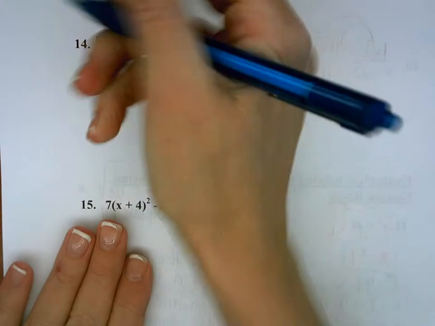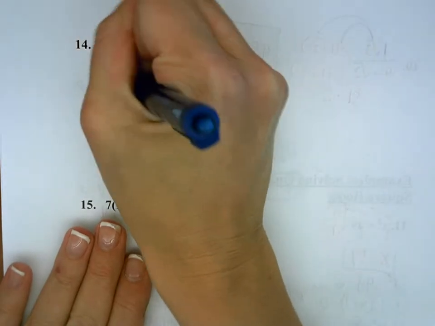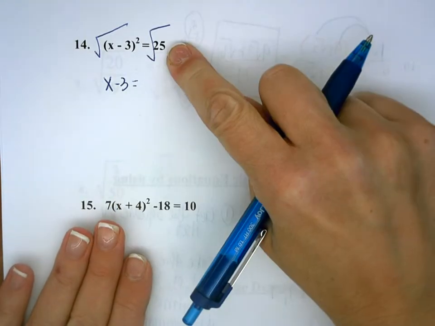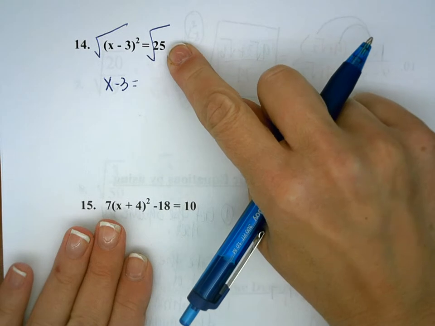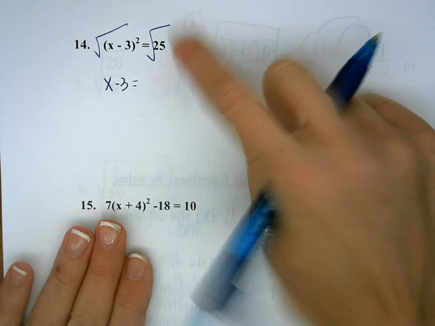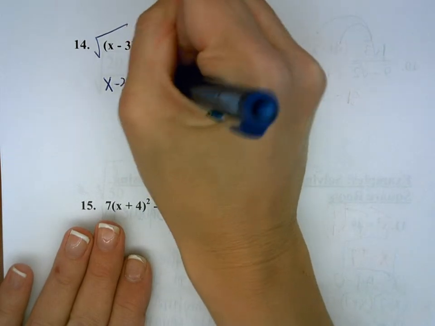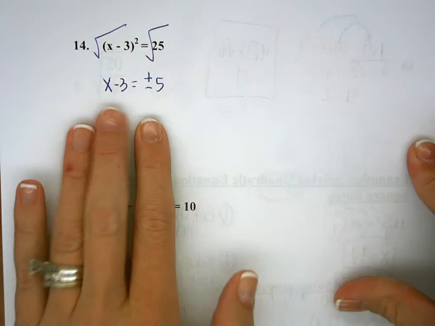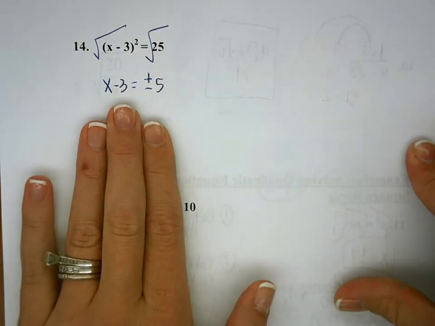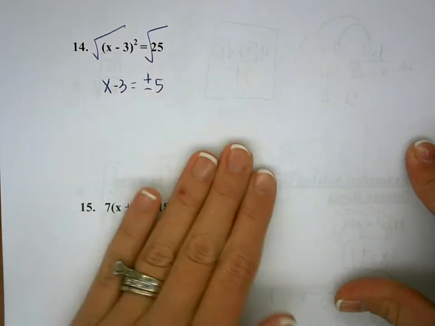So we end up with x minus 3 equals, and do we know what the square root of 25 is? 5, but we write it as plus or minus 5. Now, anytime you don't have x by itself, in this case x is not by itself, you're going to write 2 equations because we're always going to end up with 2 answers.